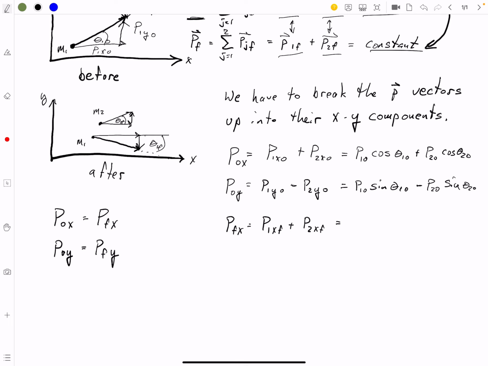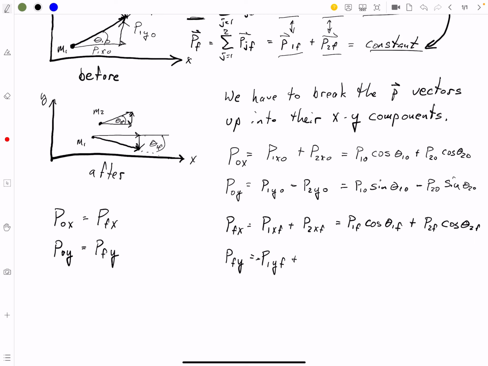And we can break that down into P1 final times the cosine of theta 1 final, and we're going to add P2 final times the cosine of theta 2 final. And then our P final Y is going to be our P1 Y final. Now, is that one positive or negative? That one turns out to be negative, so let's stick a little negative sign on there.